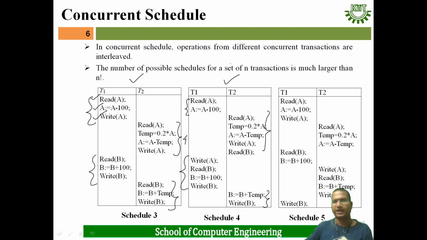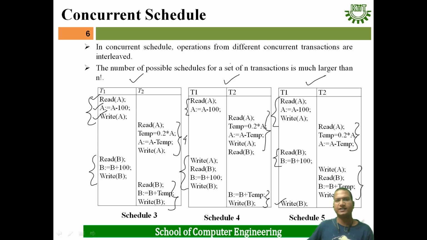In this other case, the first three instructions of transaction T1 get executed, then the first three instructions of transaction T2, then the fourth and fifth instructions of T1, then the fourth to seventh instructions of T2, then the last instruction of T1. This is also a concurrent schedule.